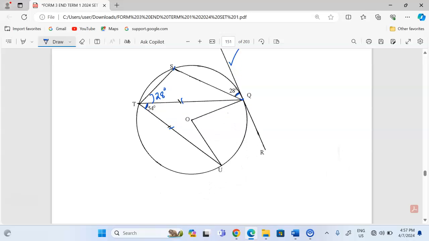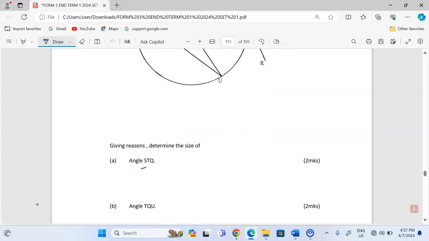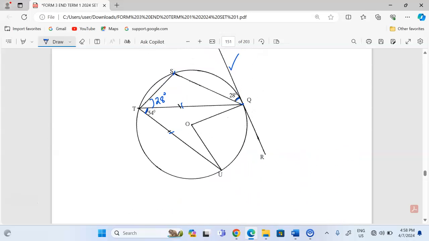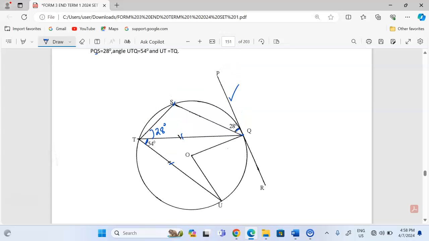So that angle is 28 degrees. It is the angle in the alternate segment. It ought to be equal to the angle made by the same chord and the tangent. Those angles are usually equal.